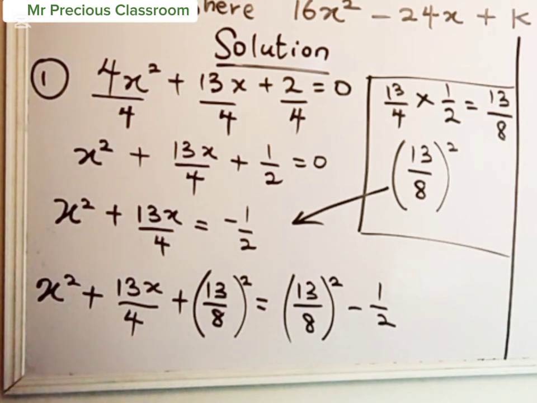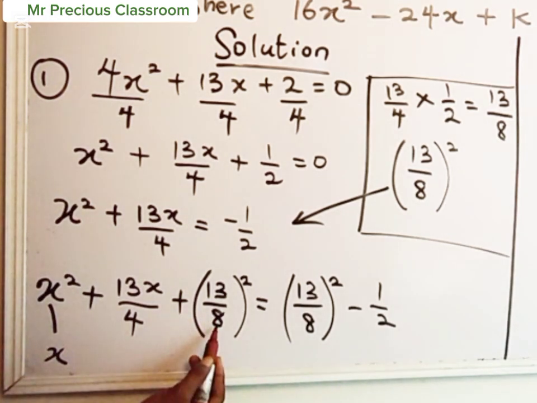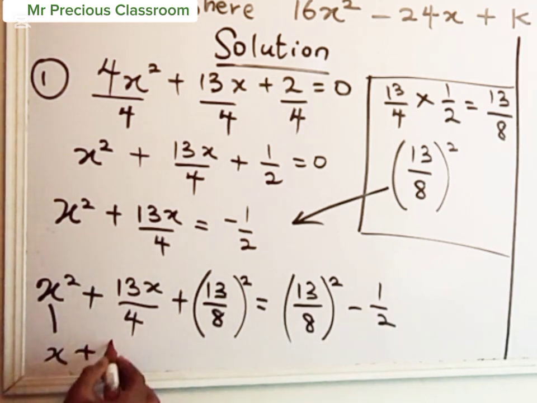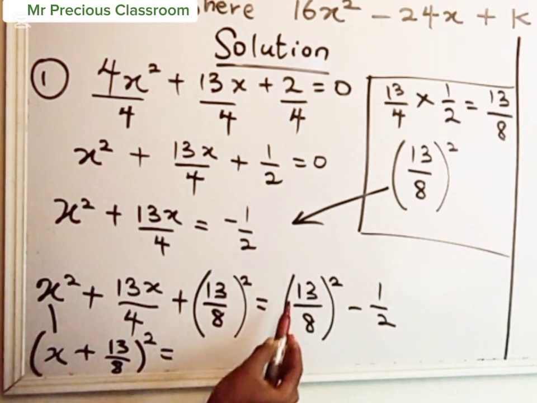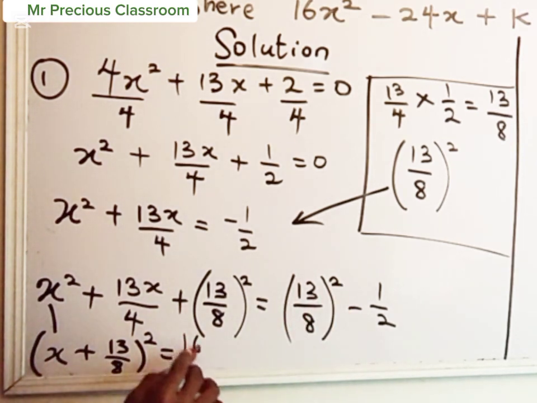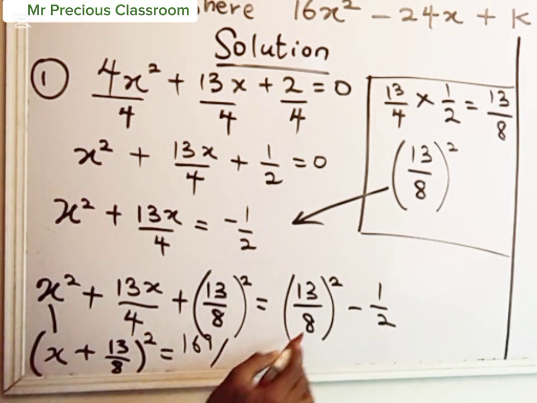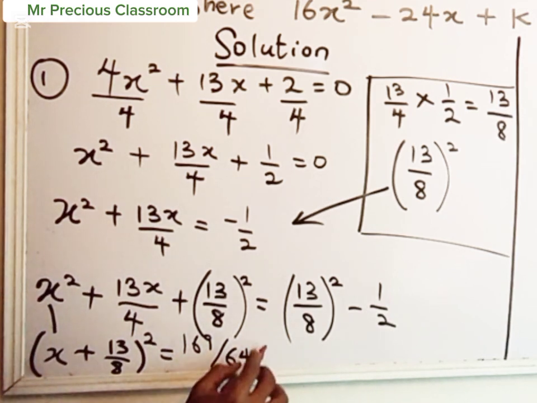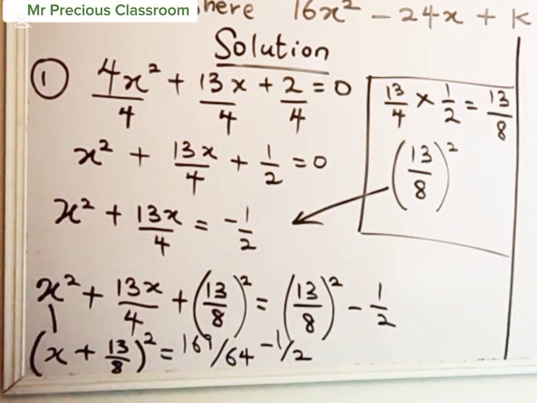You take x in the brackets plus 13 over 8 all squared equals, what is 13 squared? 169 divided by 8 squared, 64, minus 1 over 2.